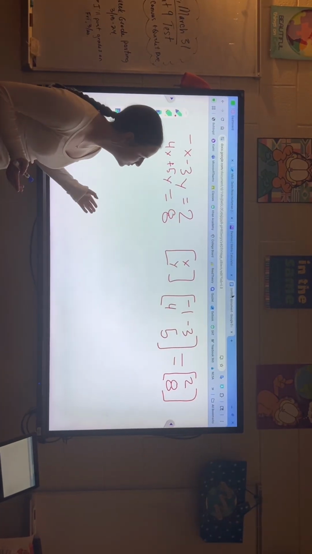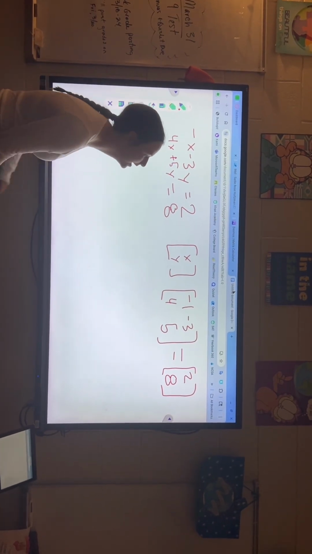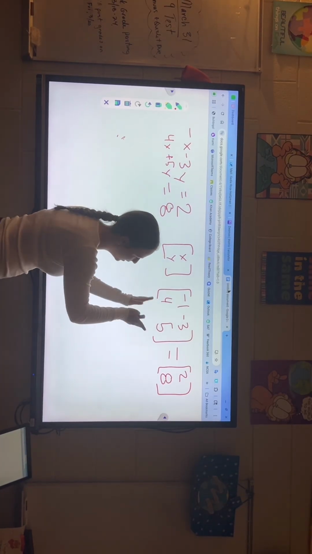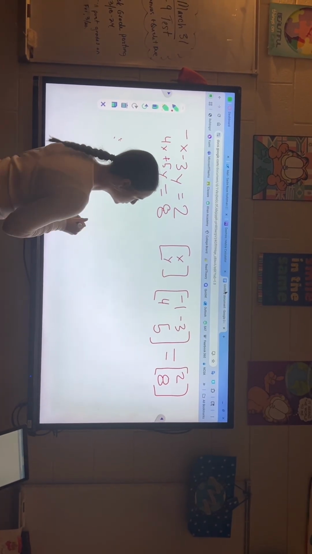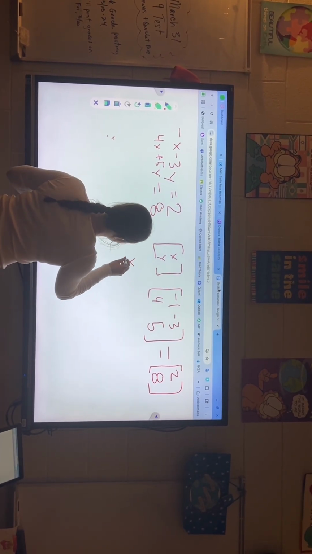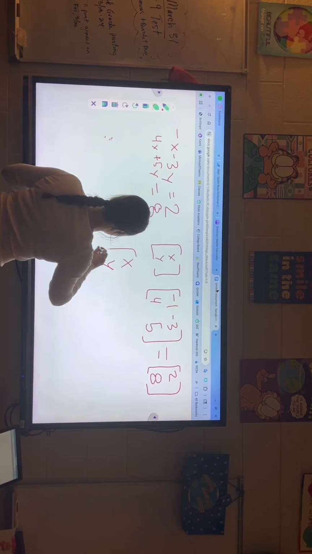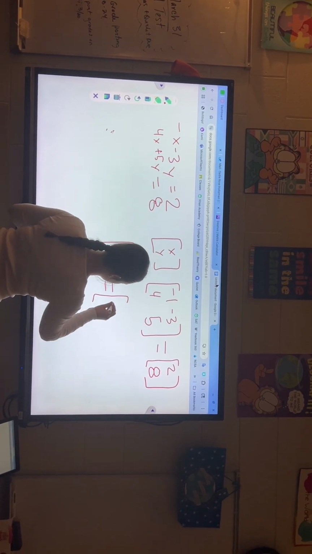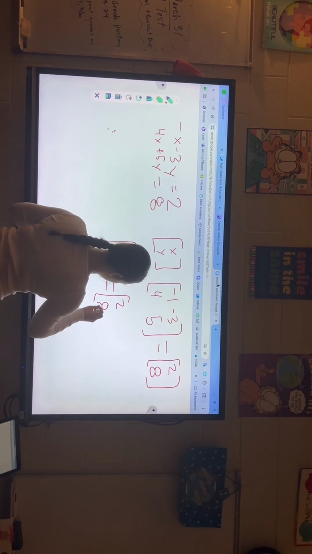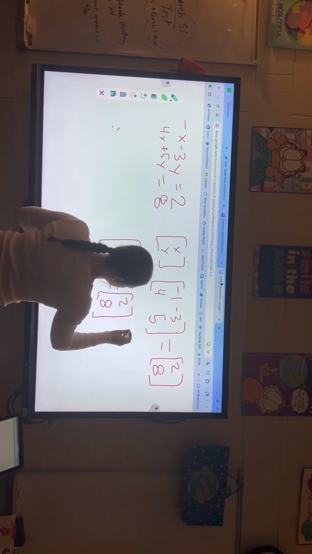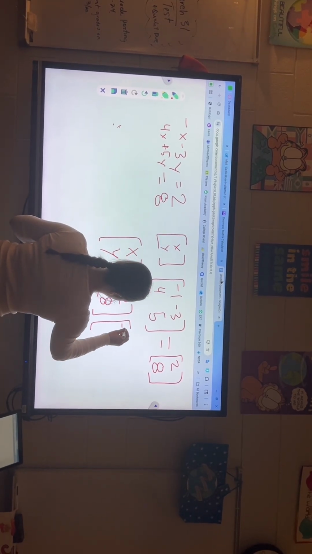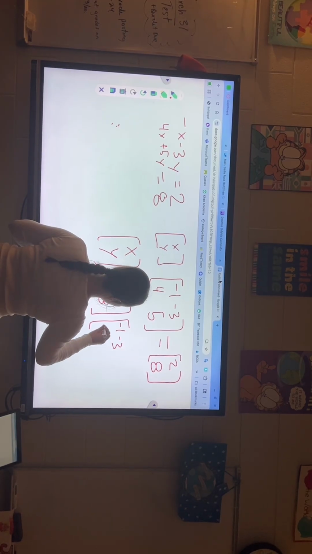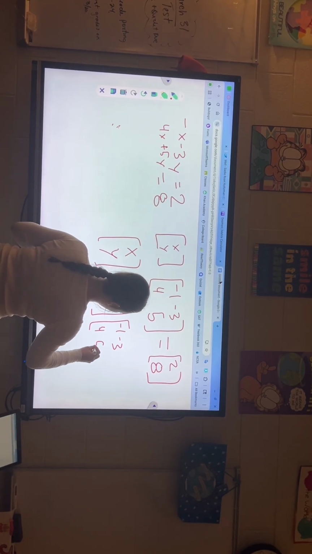Now we have to get the variables alone, and again, we can't divide a matrix by another matrix, so we make it inverse. So our equation is going to be X over Y equals our first matrix, 2 and 8, times -1, -3, 4, and 5.